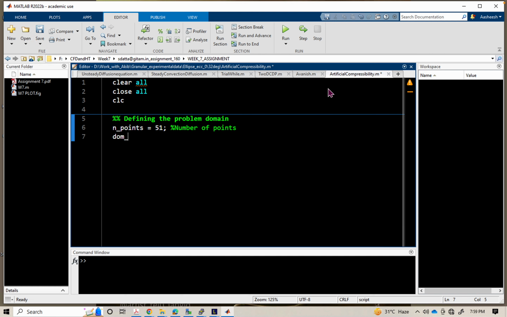So when we reach the steady state, this dp by dt will automatically become 0. du by dt will become 0. duv by dt will become 0. The total will become 0. So these unsteady terms will become 0. Then automatically that term will go.